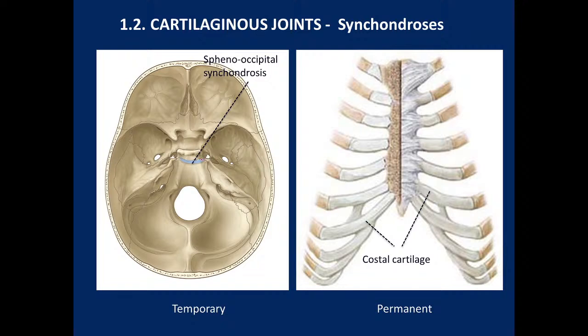Mostly this type of cartilaginous joint has a special type of tissue we call hyaline cartilage. That is rigid and has fewer fibrous structures, connective tissue elements.